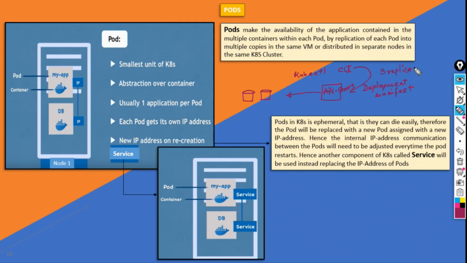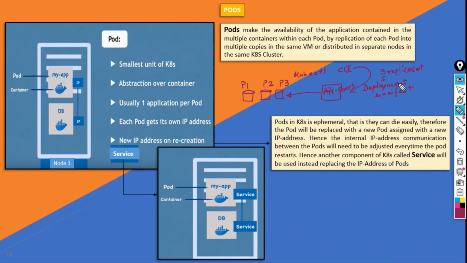And what is that replica set? 3 replicas. So I have created 3 pods, pod 1, pod 2, pod 3. When I execute the deployment manifest file through the kubectl command, I have created 3 because I wanted 3. If I wanted 5, I would make that provision inside the deployment manifest file.